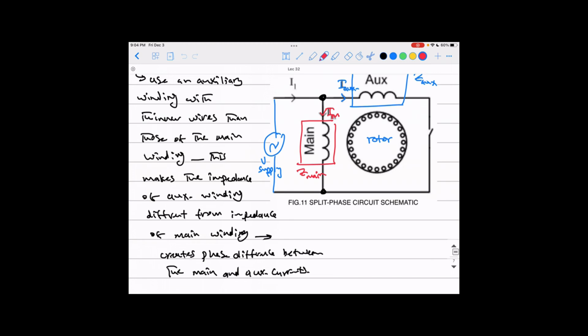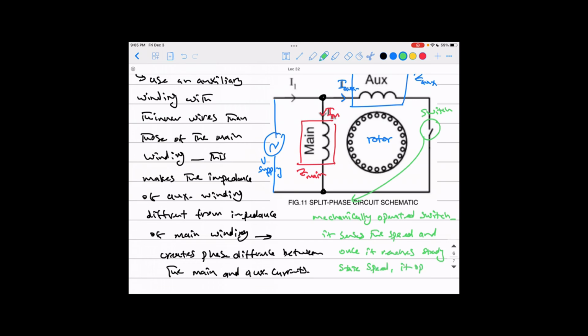But before jumping into this, let's talk about here. This is a switch. Okay? So this is a mechanically operated switch. It senses the speed, and once it reaches steady state speed, it opens.